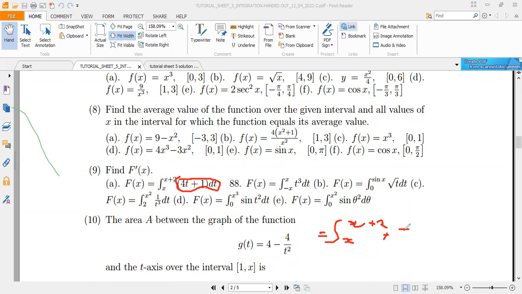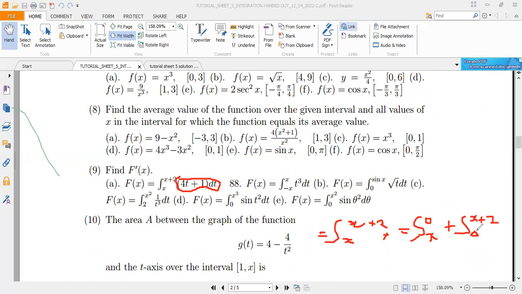Then we say this guy is equal to the integral of x, then here we're going to introduce 0 there, plus the integral again of 0 to x plus 2. Are we together there?